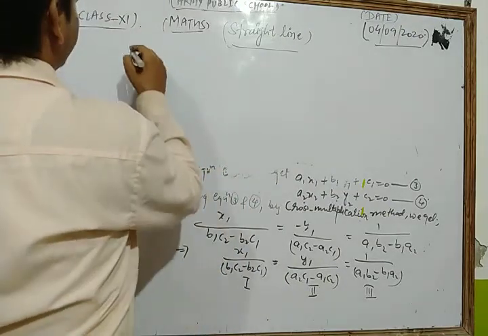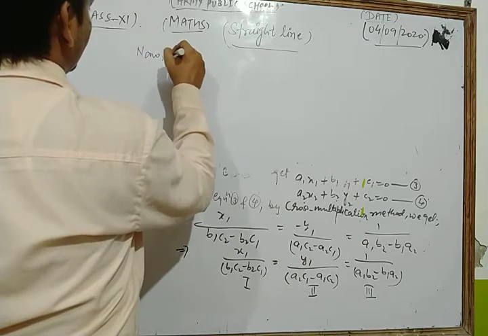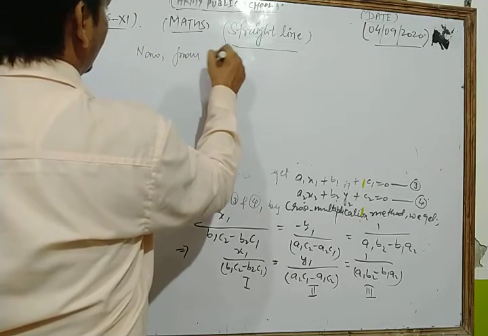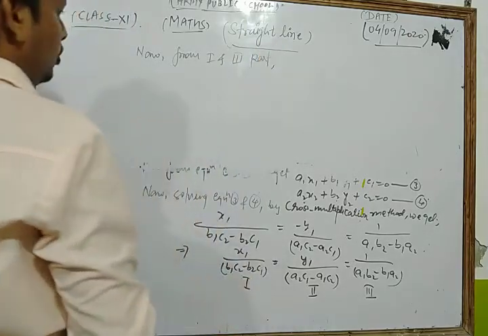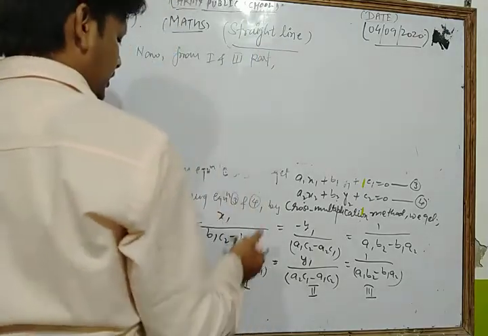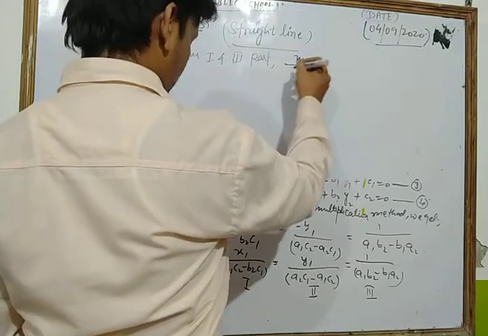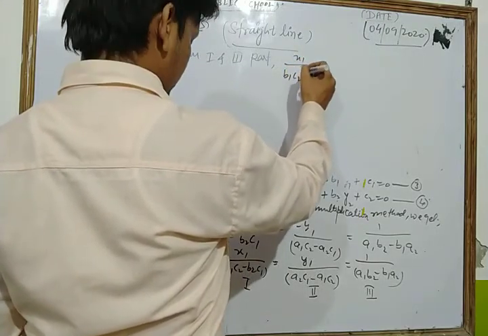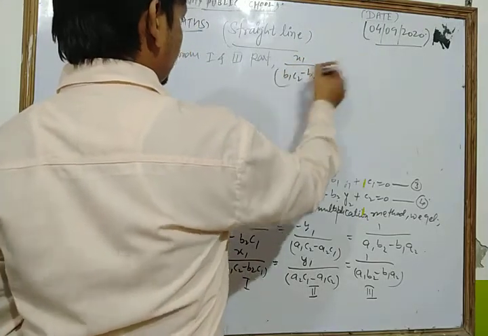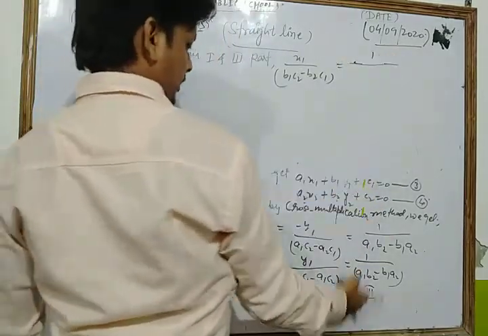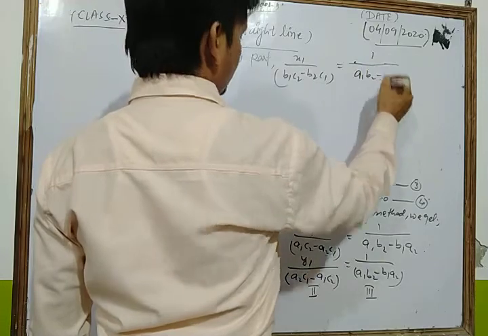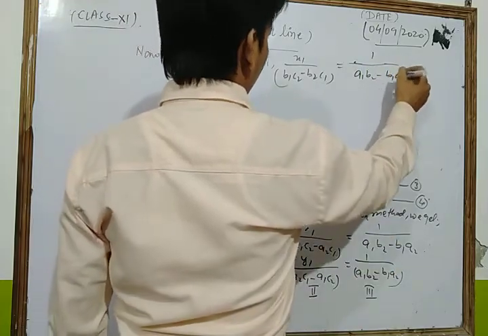Now from the first and third part we get x1 upon b1 c2 minus b2 c1 is equal to 1 upon a1 b2 minus b1 a2.